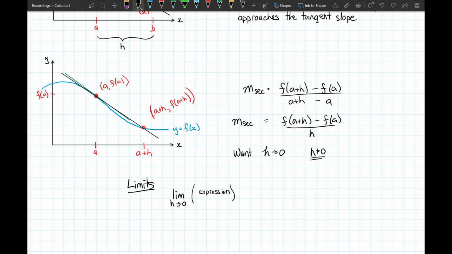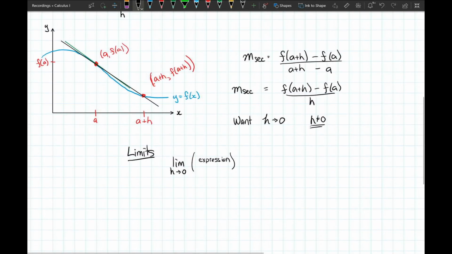So limit as h approaches 0 means get close to 0 but without equaling it. And now we see that this becomes the problem to solve here. The slope of the tangent line is the slope formula of the secant line, but taking the limit as h approaches 0.